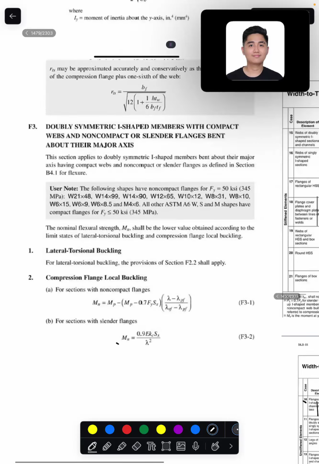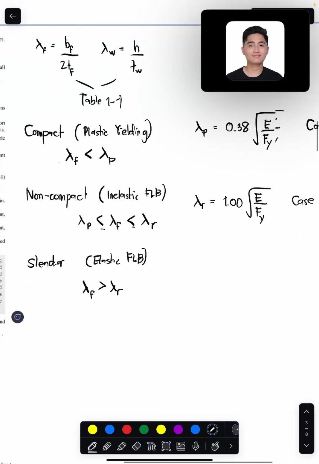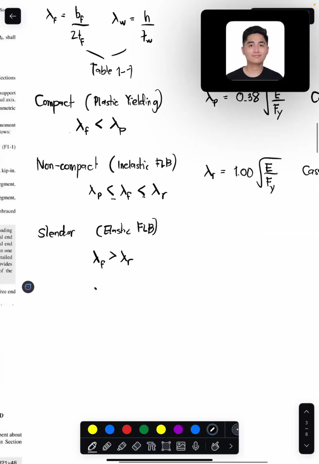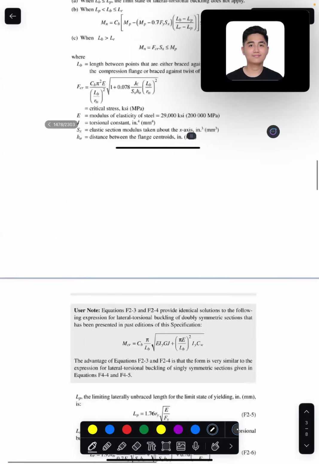So, balikan natin. So, if na-establish natin na compact, ulitin natin, yung magiging MN mo ay equal lang kay F sub Y, C sub X. If slender, unahin muna natin to, yung MN mo is equals to E KZ S sub X. Nakalimutan ko na yung formula.